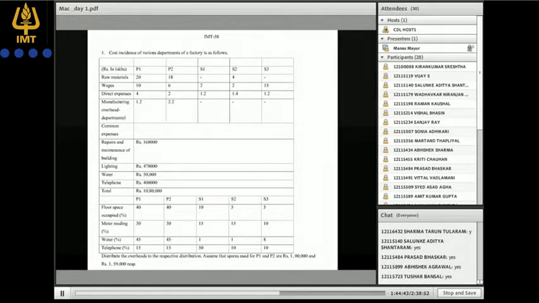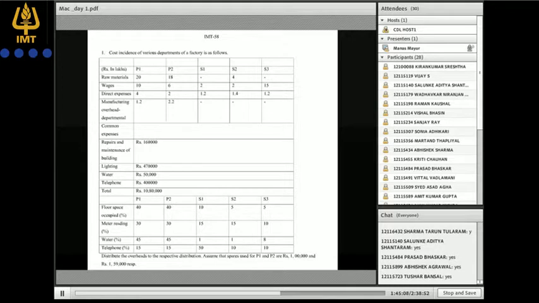P1 uses 30%, P2 uses 30%, S1 15, S2 15, and S3 10. Water usage in percentage of P1 is 45, P2 is 45, S1 is 1, S2 is 1, and S3 is 8. Telephone usage in percentage for P1 is 15, P2 is 15, S1 is 50, S2 is 10, and S3 is 10.